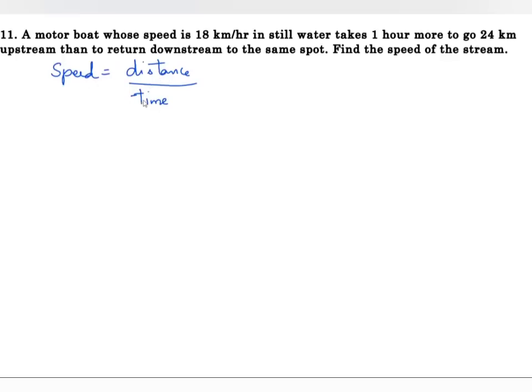Speed equals distance by time. Now time equals distance by speed. S equals d by t. In the first case, what is the speed of the motorboat in still water? It is 18 kilometers per hour.